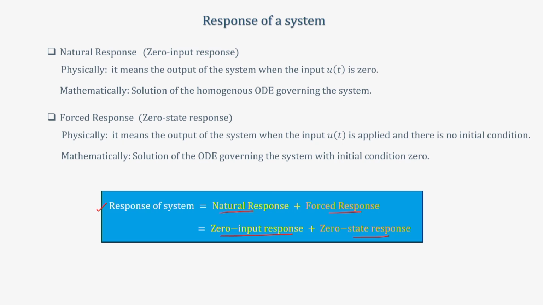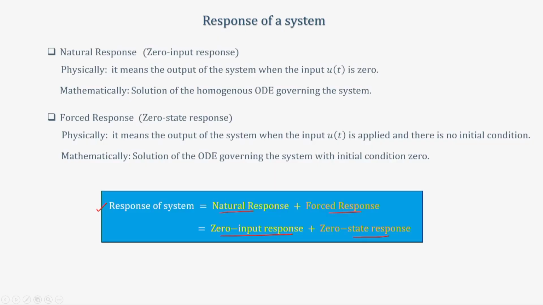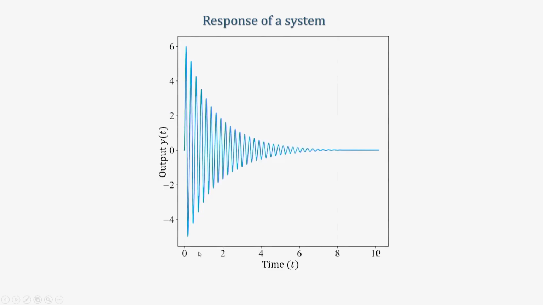For now, just remember that it is an internal variable, a variable that defines the system. So, the initial conditions of those variables are 0. You can think of it like that: in the differential equation that you get, the initial values of the variables are 0. So, the response of a system is nothing but the natural response plus the forced response, in other words the zero input response plus the zero state response.